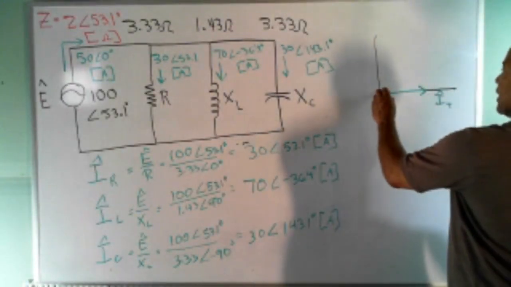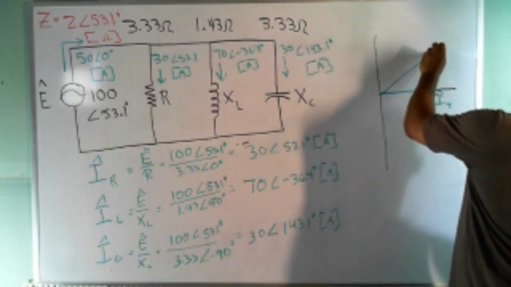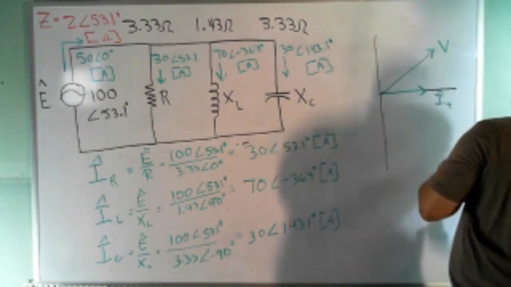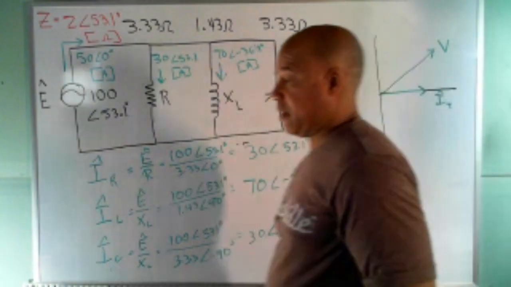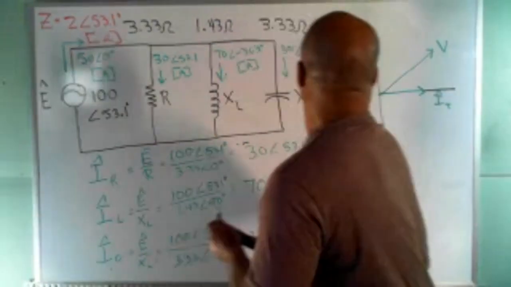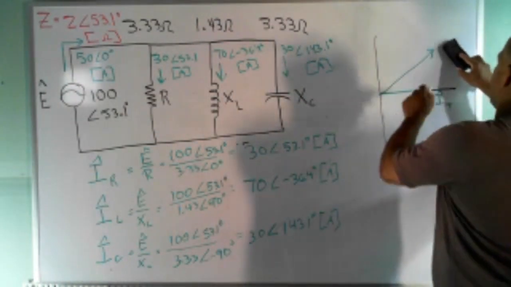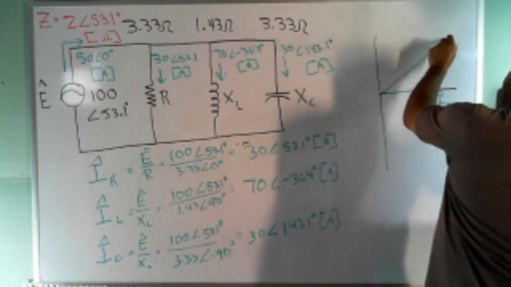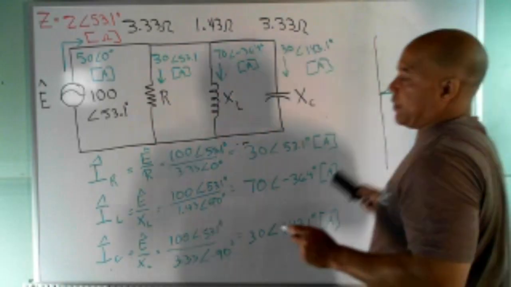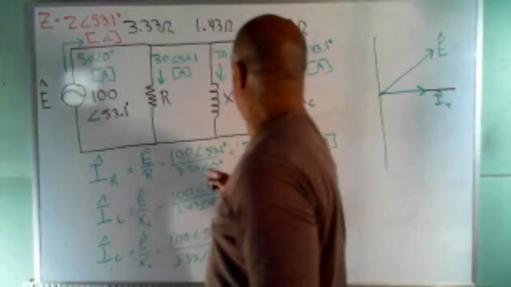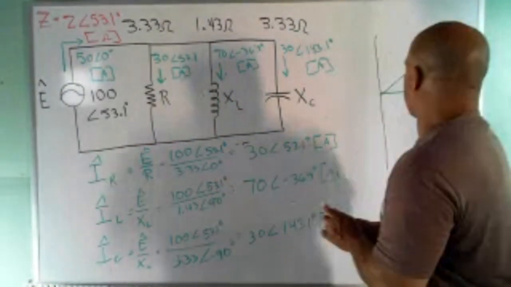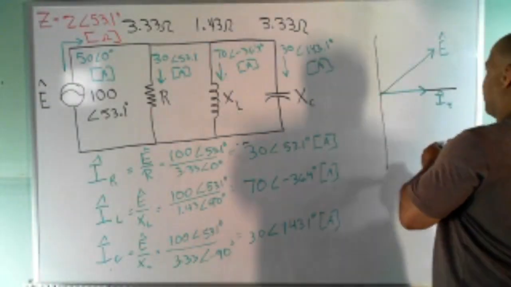So my voltage is kind of like this. We call it E, don't we? Now notice, before I put my other phasors on here, I'm looking at my total voltage and my total current. The angle between these two is 53.1 degrees. So that angle is this angle right here.